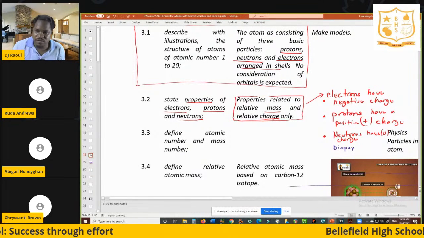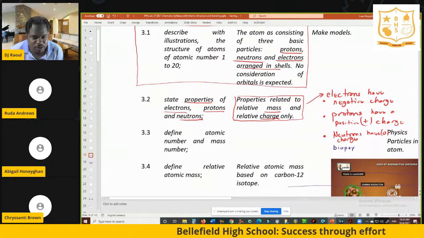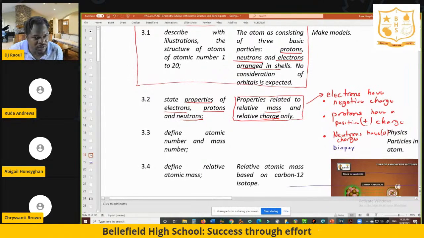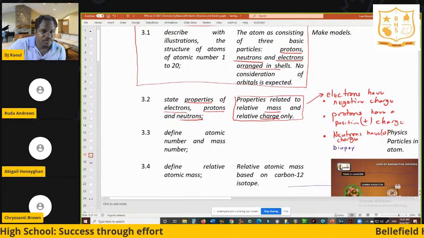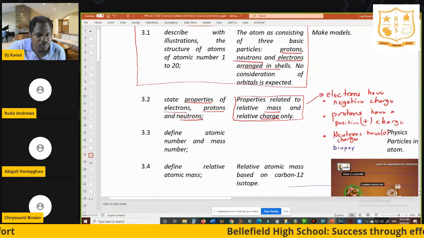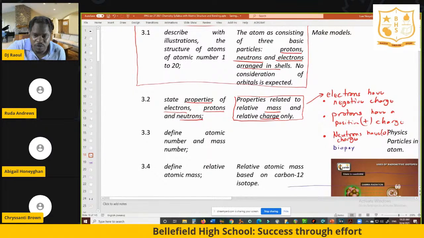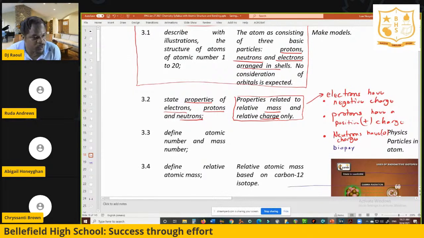All right. Do we know anything about the mass of the electron, the proton, and the neutron? Do we know which one is the largest, which one is the smallest? Sir, the mass of proton is 1. Okay, good. One what? They say one something.